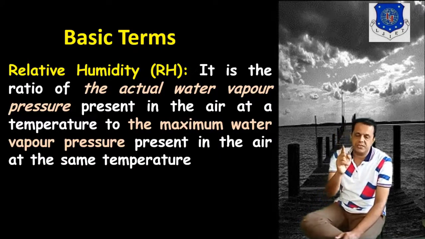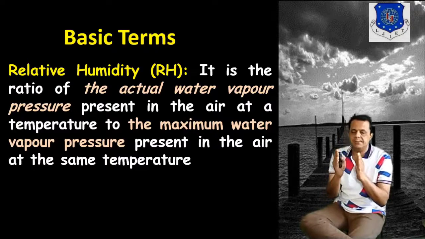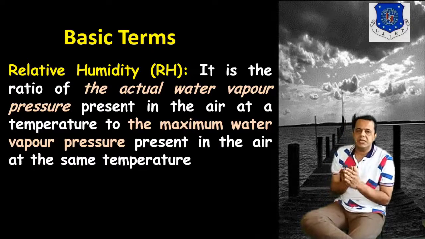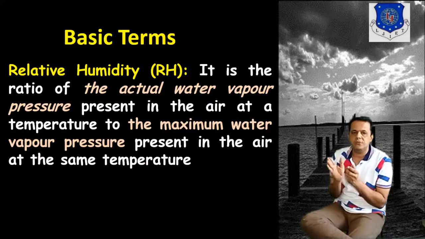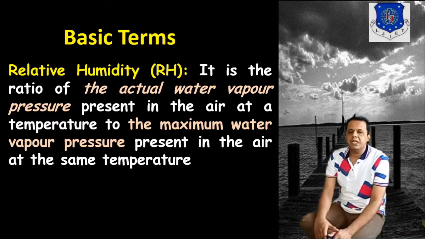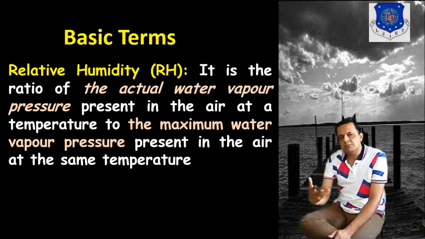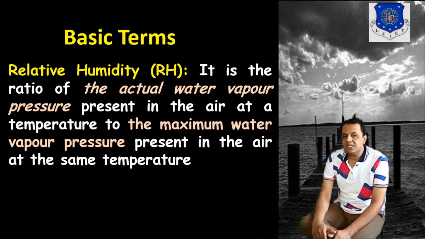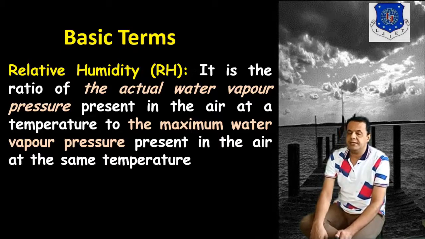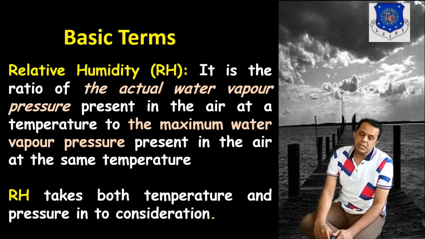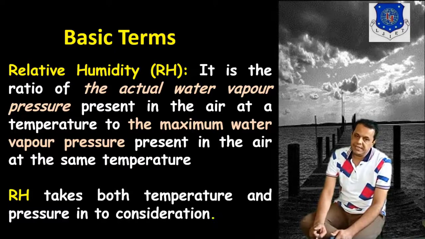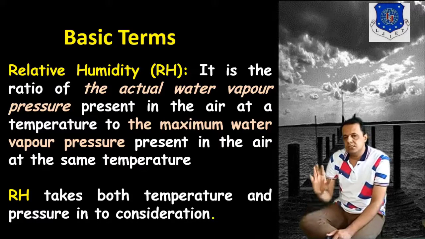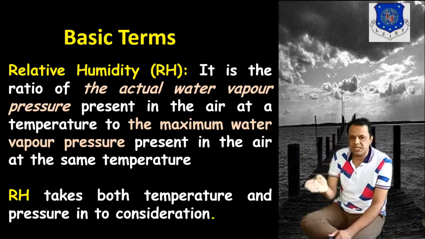So keep in mind, I repeat once again, you take a constant, specific temperature, and at that temperature we measure the pressure of actual water vapor and the maximum water vapor, and take the ratio, specifically in the air. From the definition you see that relative humidity takes both temperature and pressure into consideration.